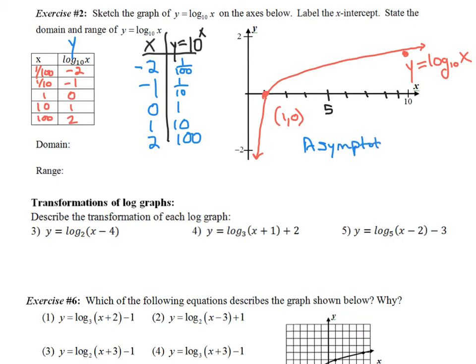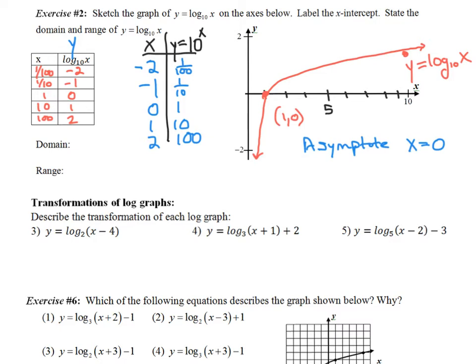You'll recall that we saw an asymptote on an exponential function, but on the exponential function, the asymptote was the horizontal line y equals 0. This asymptote for our log graph is going to be the vertical line x equals 0. So this line right here, the y-axis, my graph is getting closer and closer to, but it's never going to touch it.